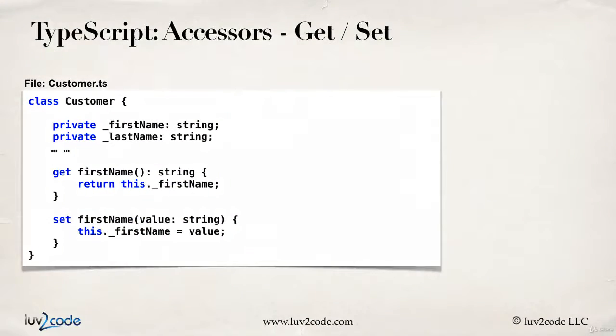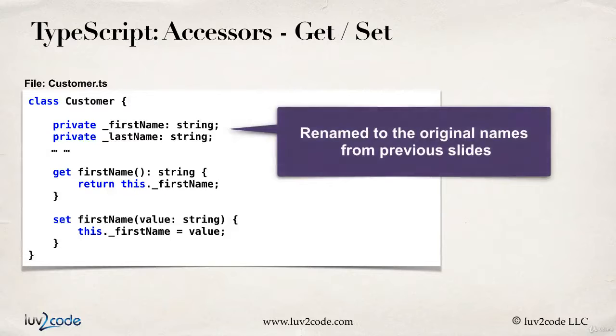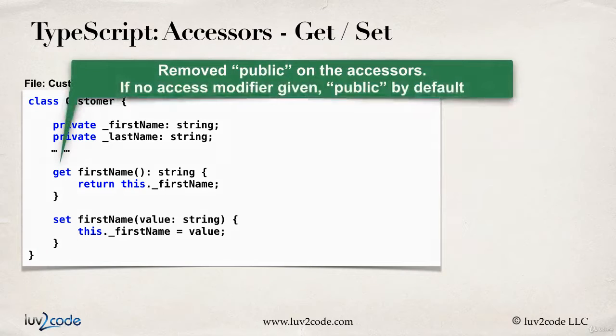Let's go ahead and rename our fields to the original names from the previous slide, just a little bit of refactoring. I put back the underscore firstName and underscore lastName. I'm also going to remove public from the accessors, because if no access modifier is given, it's public by default. I'm simply cleaning up my code a bit.